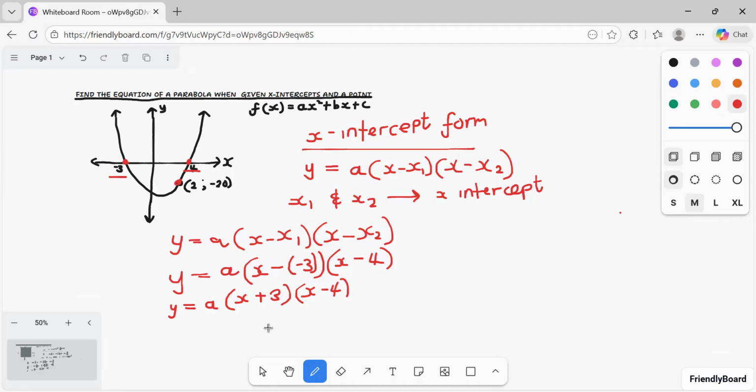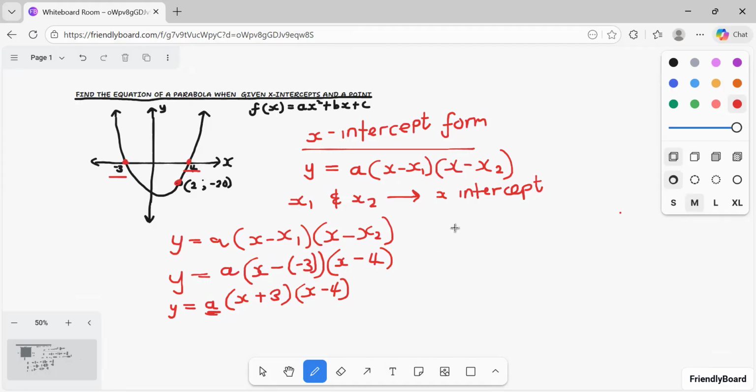After doing this, the next thing is for me to find a. I now need to find this a here. You know that the a always tells us the shape, but we are not going to touch on that today.